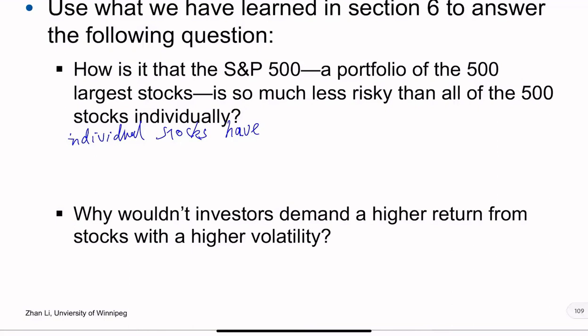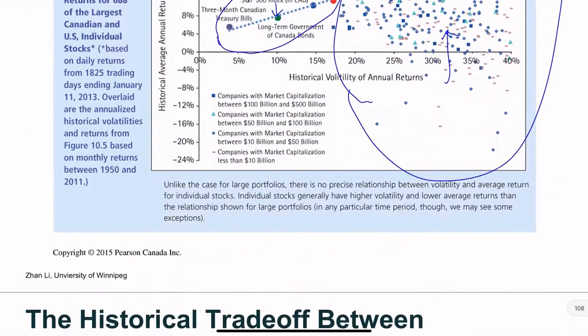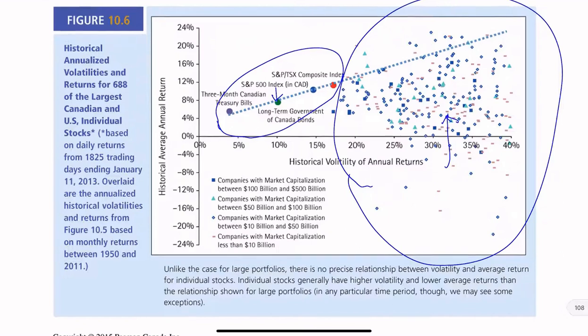Now, the second question is, why wouldn't investors demand a higher return from stocks with a higher volatility? So why do we ask a question like this? Because again, if you look at the right-hand side, these individual stocks have much higher volatility. But in terms of returns, a lot of stocks actually have lower returns compared with the S&P 500, right?